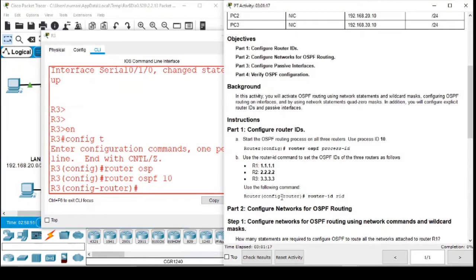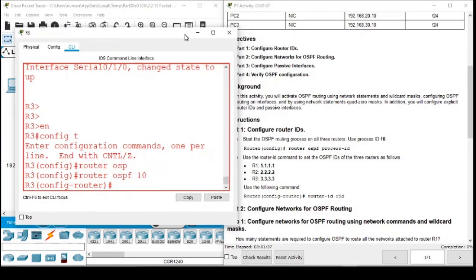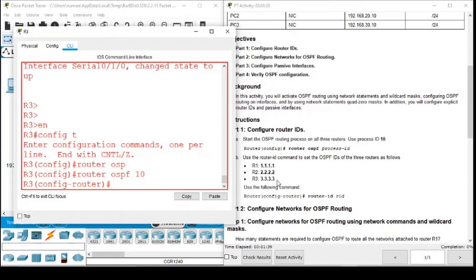Now they ask us to configure part B, the router ID, and set the OSPF IDs on all three routers. They mention the router IDs: for router 1 the router ID is 1.1.1.1, for router 2 it is 2.2.2.2, and for router 3 it is 3.3.3.3. Starting with router 3, the command is router-id followed by that particular ID, 3.3.3.3.